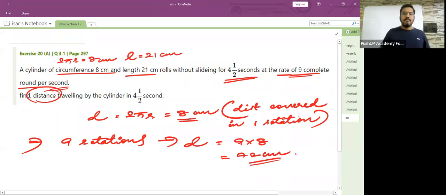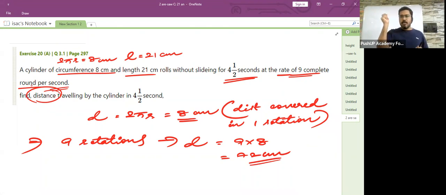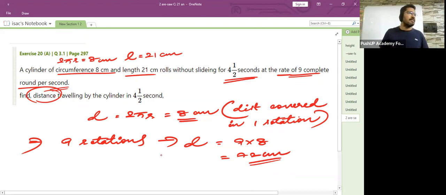Got it? Now, they have told you 9 complete rounds per second. That means in 1 second, 9 times it is getting rotated. So in those 9 rounds, what is the distance covered? 72 centimeters. Now, what is the total time for which it rotated? 4.5, isn't it? 4.5 seconds.